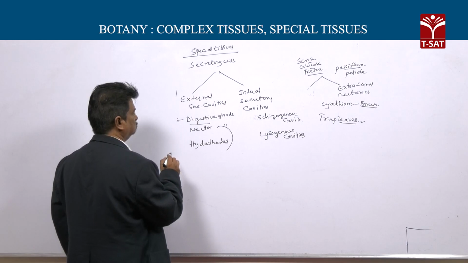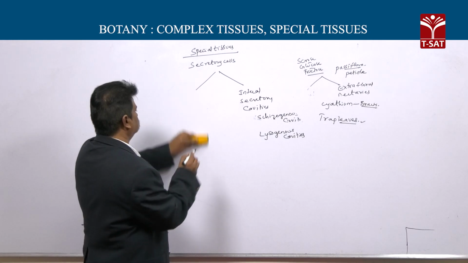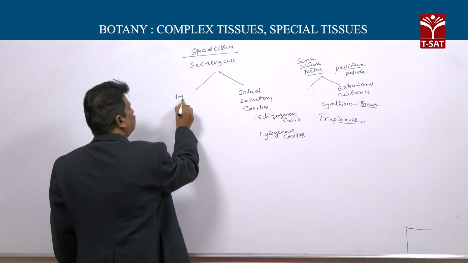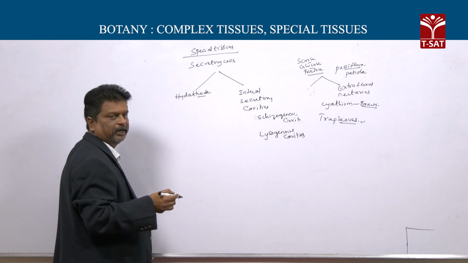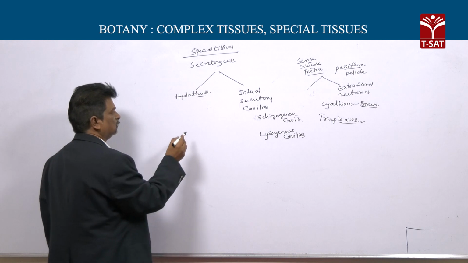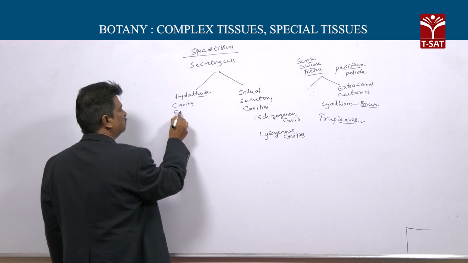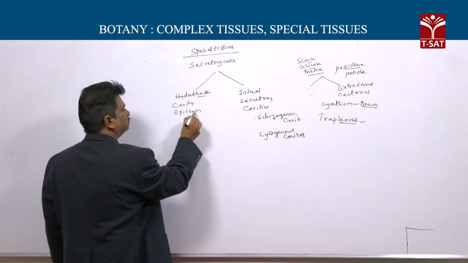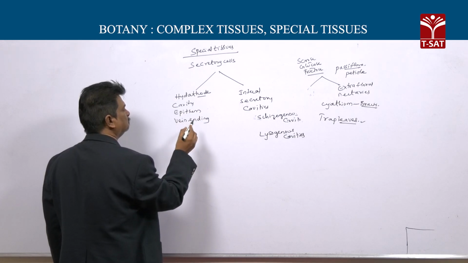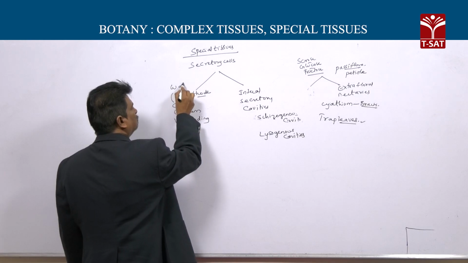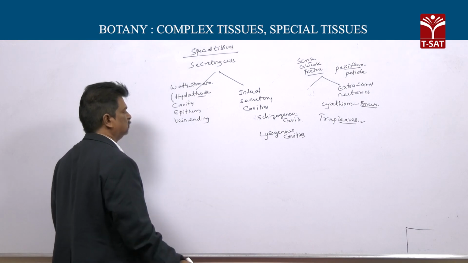Third one, water secreting tissue. Water secreting tissue is called hydathode. Hydathode includes cavity, epithem, vein ending and water stoma or stomata.